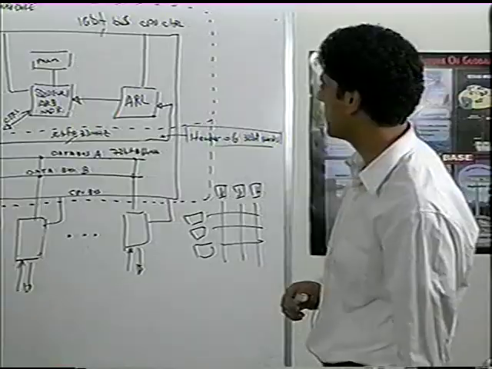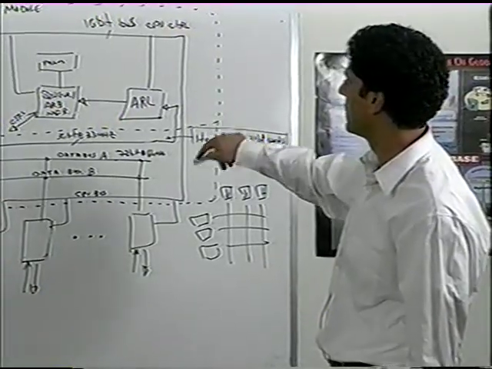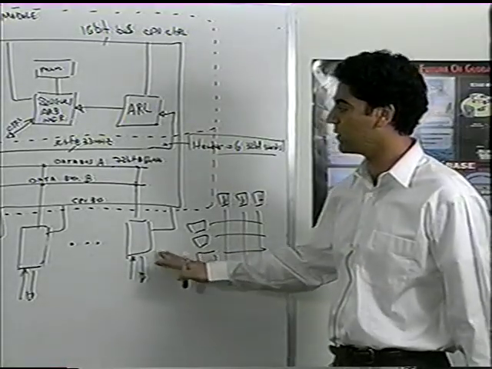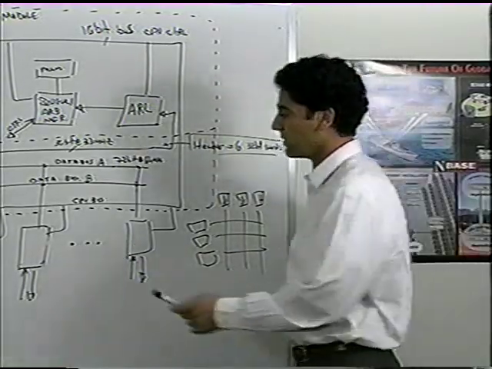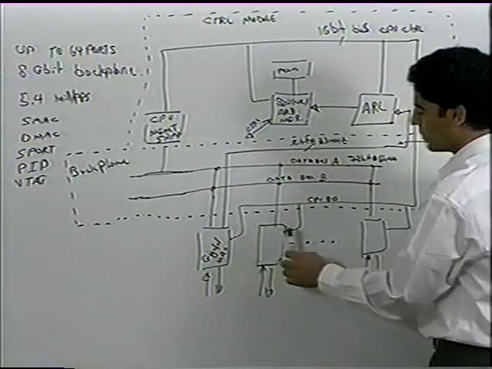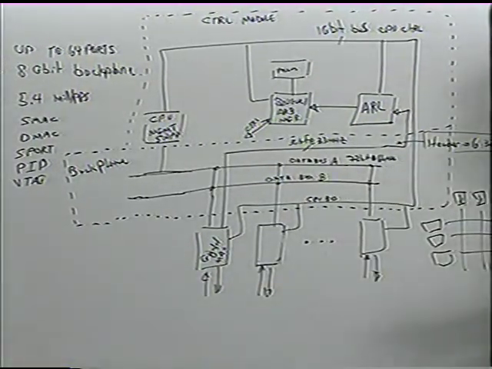Okay, so this is just kind of a basic concept. Now, if we go into more detail, how do we hang more ports? Well, down here, logically speaking, we allow up to 12 what we call queues.